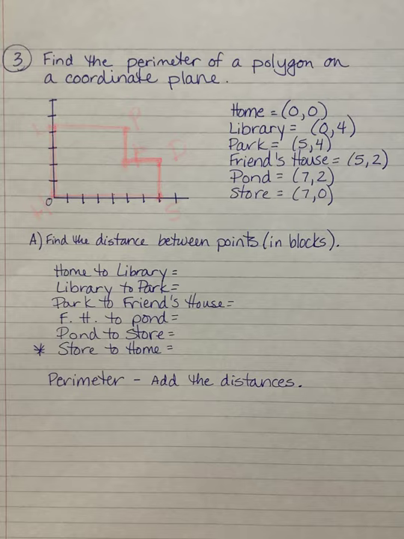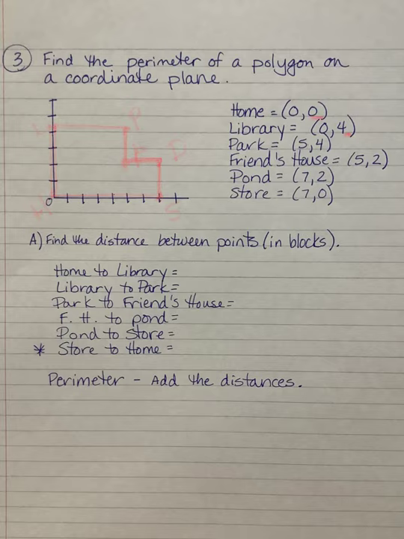So we're going to say, from home to the library, we're going on the y-axis, which is the vertical axis. Because it's vertical, we're going to use the y-coordinates. So we're going to use y for the library and y for home, 4 and 0.